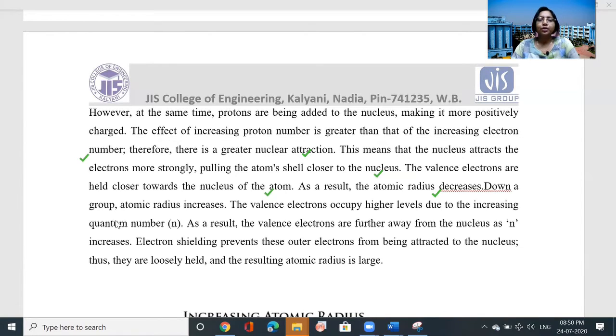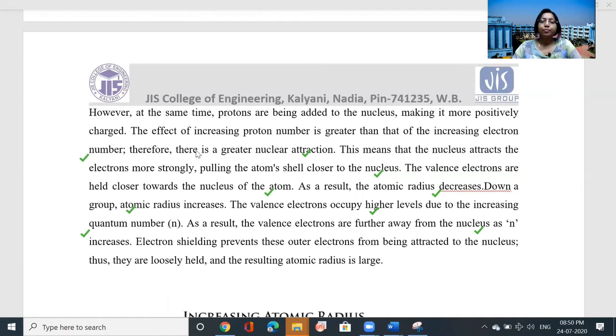Down a group, atomic radius increases. The valence electrons occupy higher levels due to the increasing quantum number. As a result, the valence electrons are further away from the nucleus as n increases.